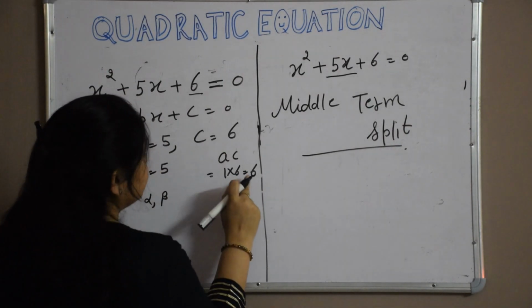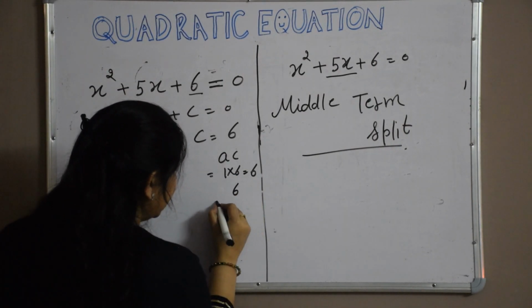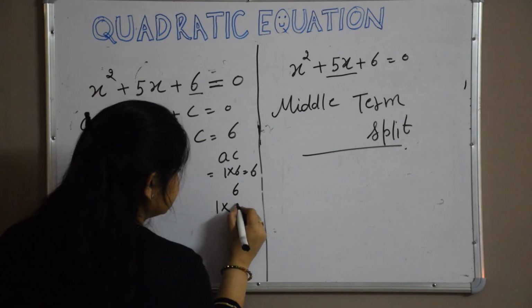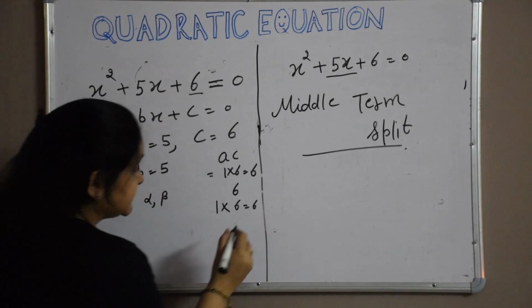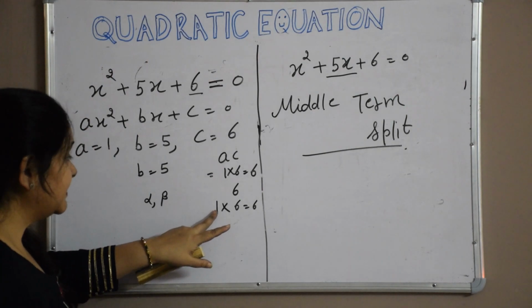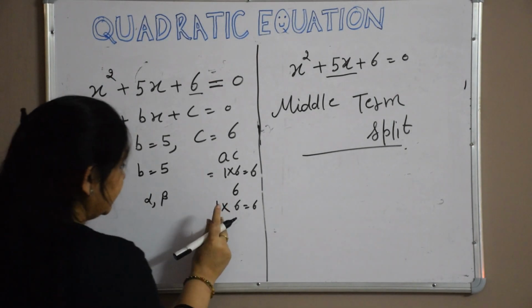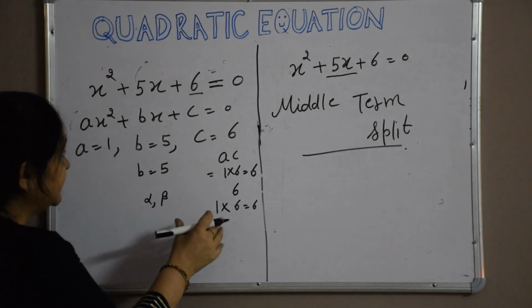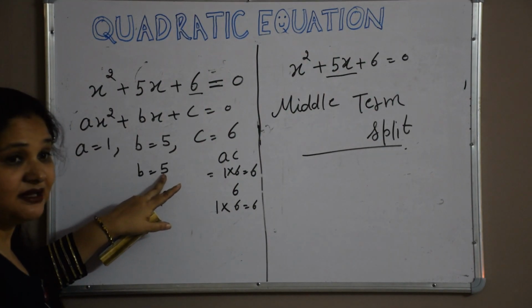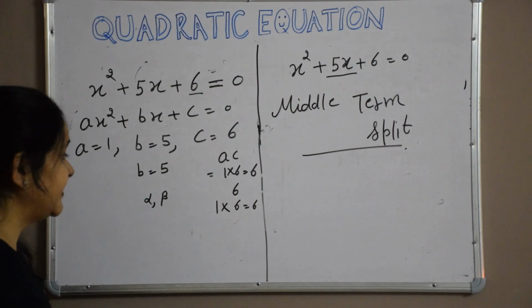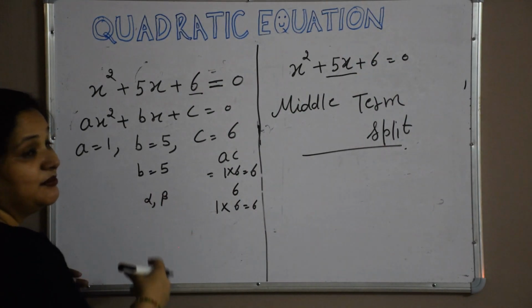Now ac is 6. I will always start from the first. 1 into 6 is 6, so those two numbers alpha and beta are 1 and 6. Does their addition come to 5? No, 1 plus 6 is 7, so that is not applicable for us.